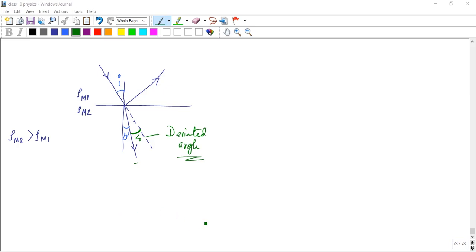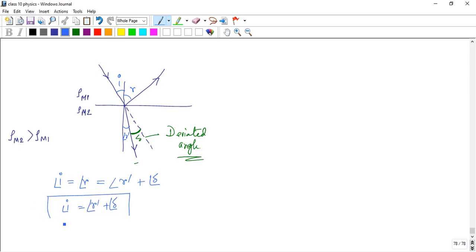Okay, so here we see in the diagram that angle I is equal to angle R. That angle R is the reflected angle. That is also equal to the refracted angle plus delta. So here we see that I equals R dash plus delta.